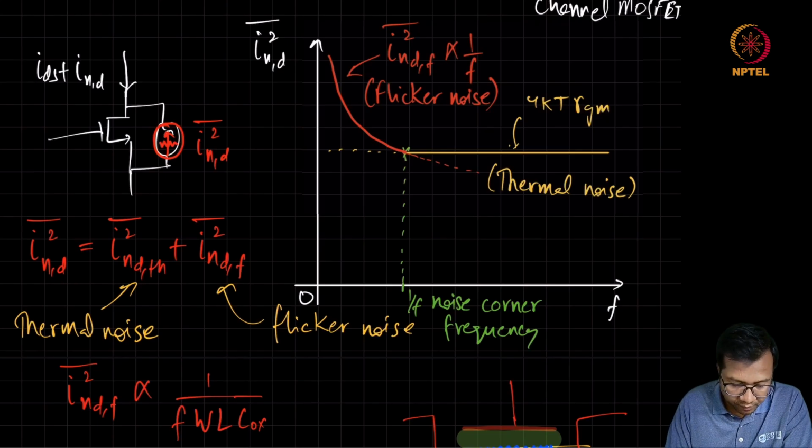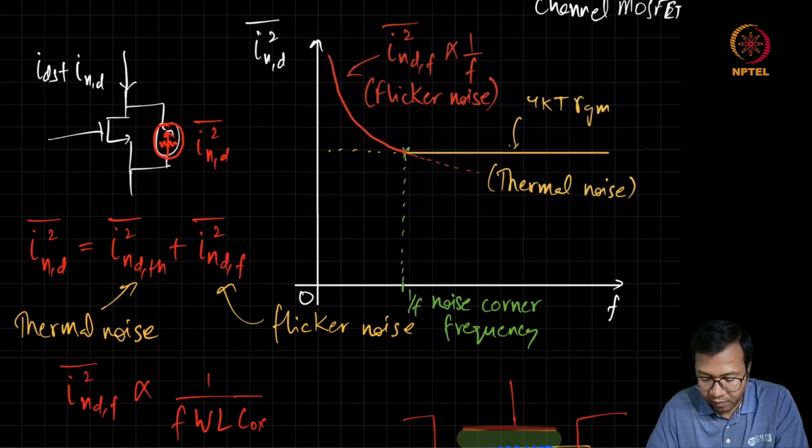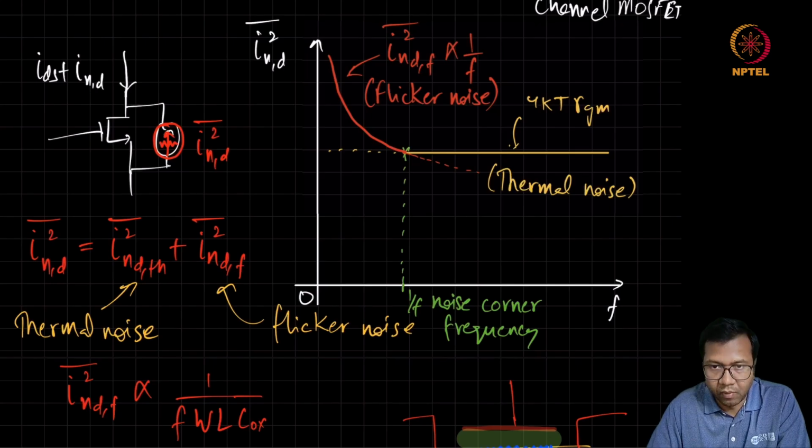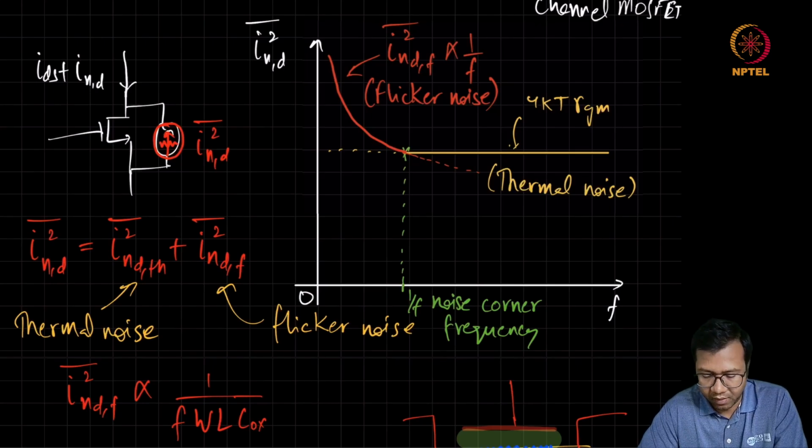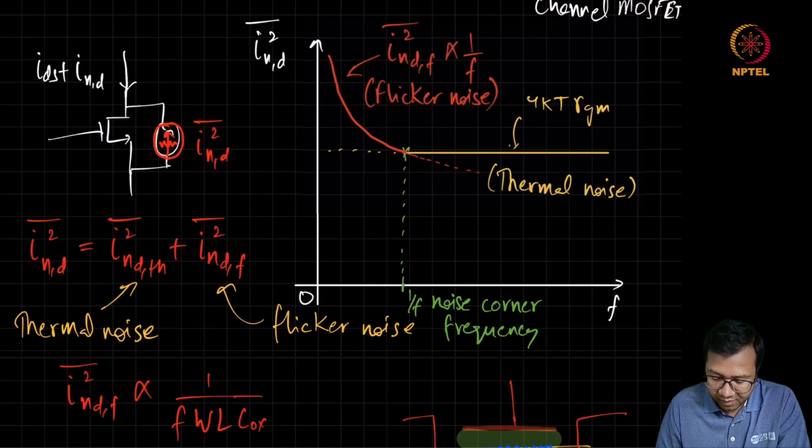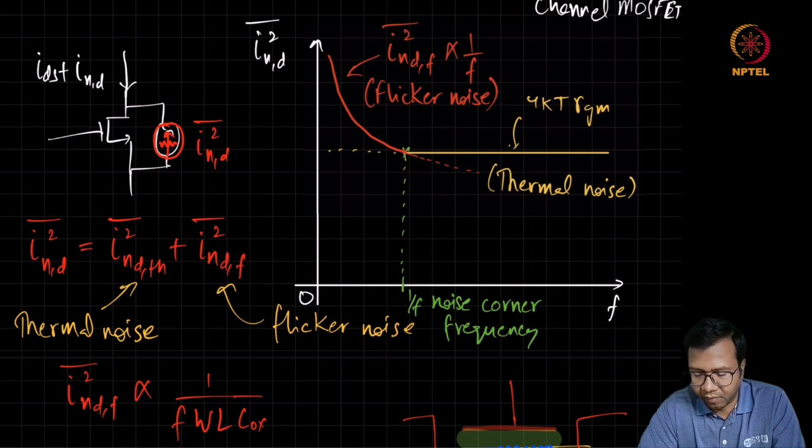And this is an important frequency because it tells you if you are operating at a given frequency whether you should be worried about the flicker noise or not. We will see that in the latest technology nodes, CMOS process, this 1/f noise corner frequency will be somewhere around a few hundred kilohertz to 1 megahertz.